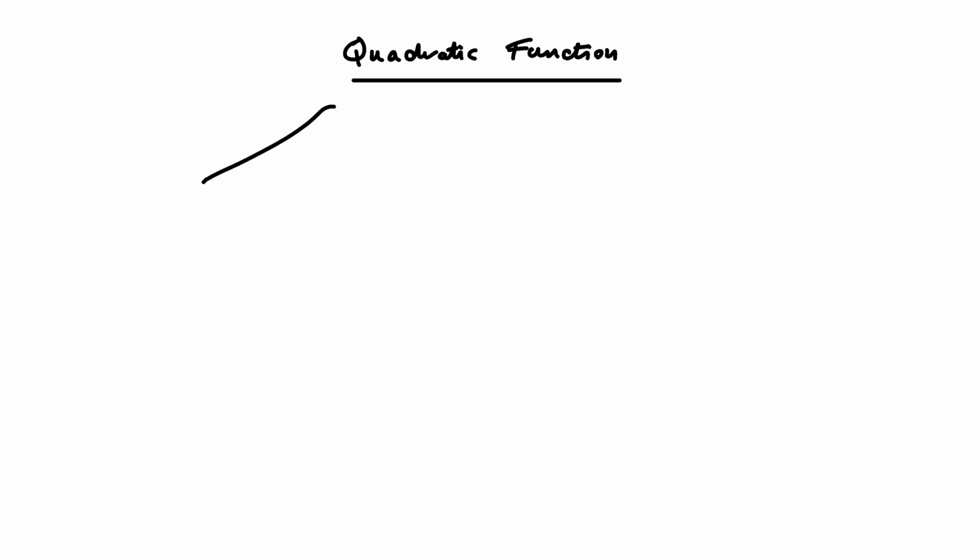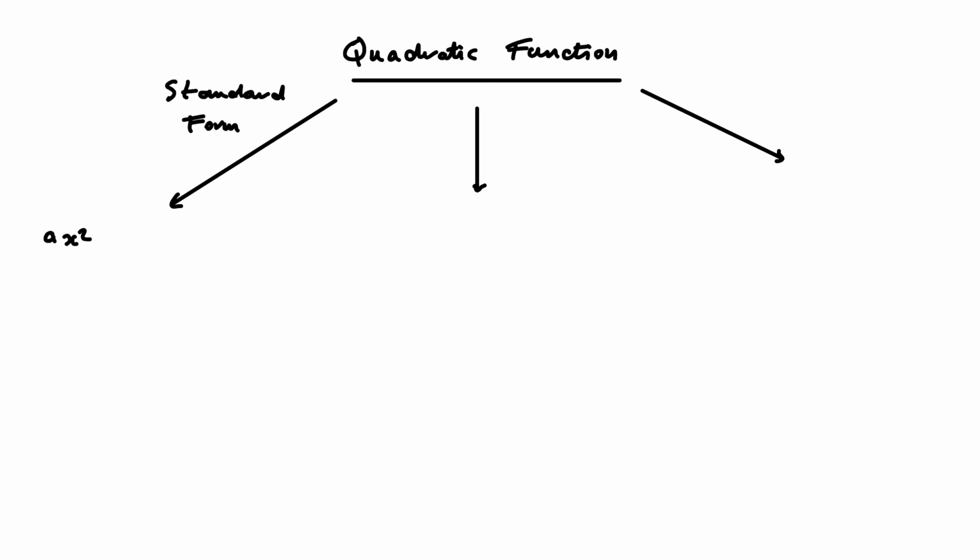There's the standard way, there's the vertex format, and finally there's the factored format, if possible. So this is the standard form. That's ax^2 + bx + c.